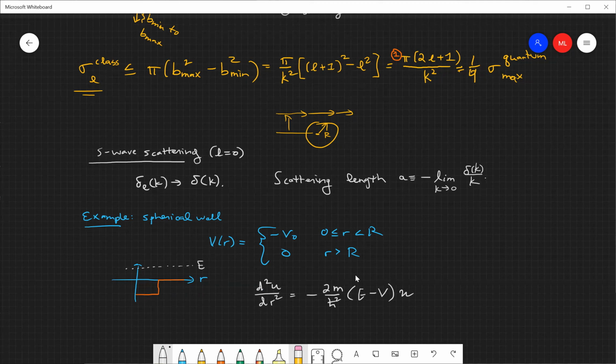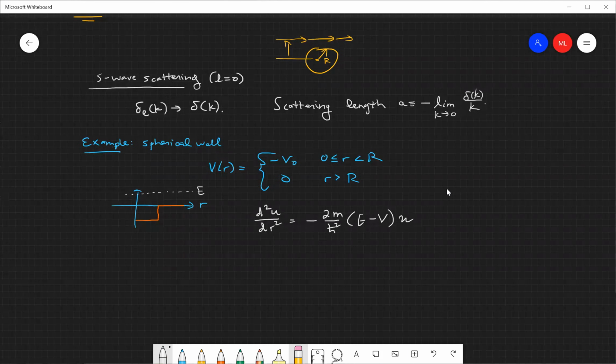This is just the usual Schrodinger equation in spherical coordinates, and again, it's just l equals 0. This is just like a 1D Schrodinger equation. It's not any different. And for this kind of piecewise constant potential, we know how to solve it. It's just sines and cosines for u here.